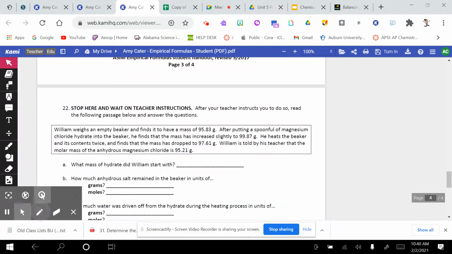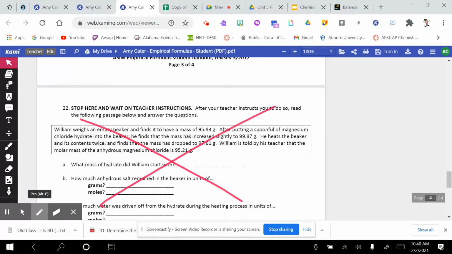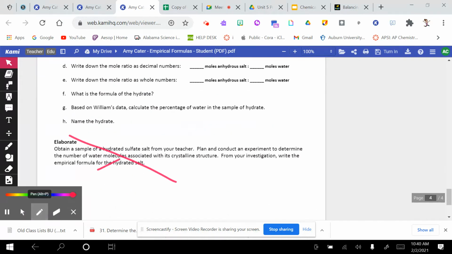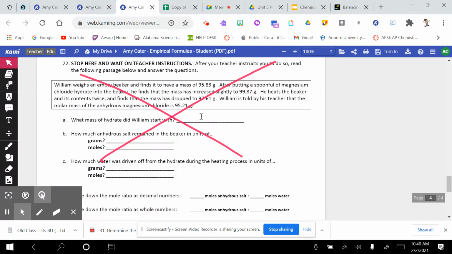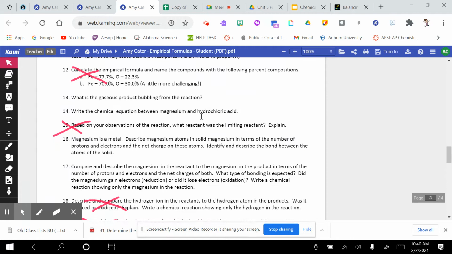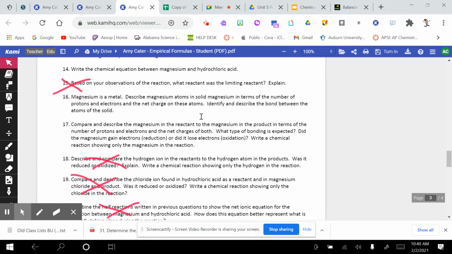And you do not need to do any of 22 or the elaborate. Okay? So you can cross out 12, 15, 18, 19, 20, and 22. You do not have to answer those questions. Okay?